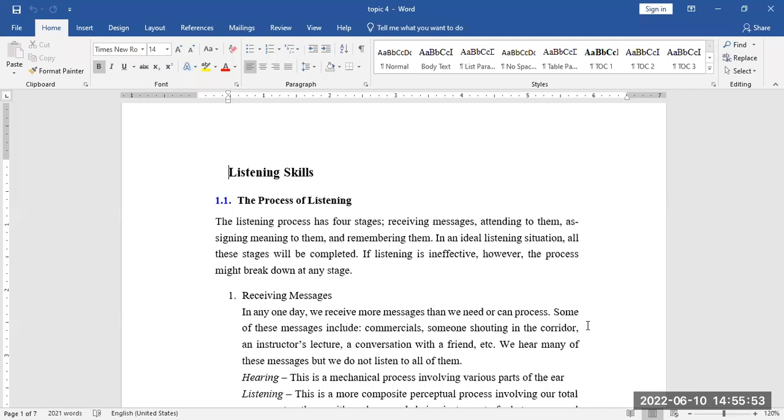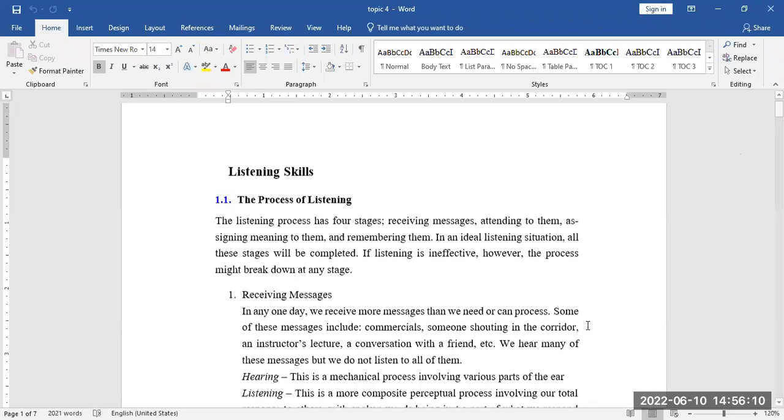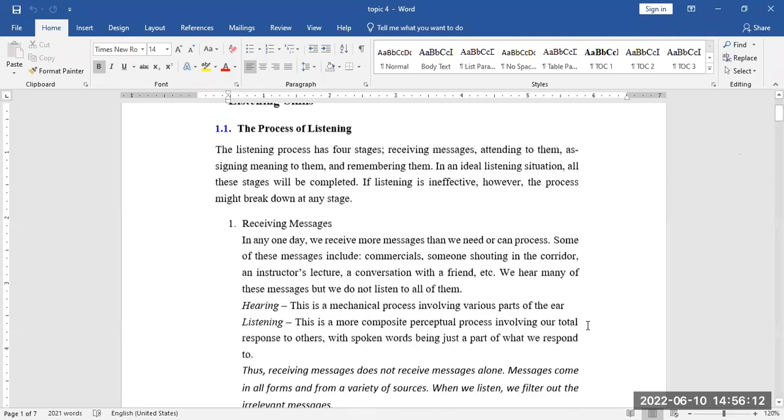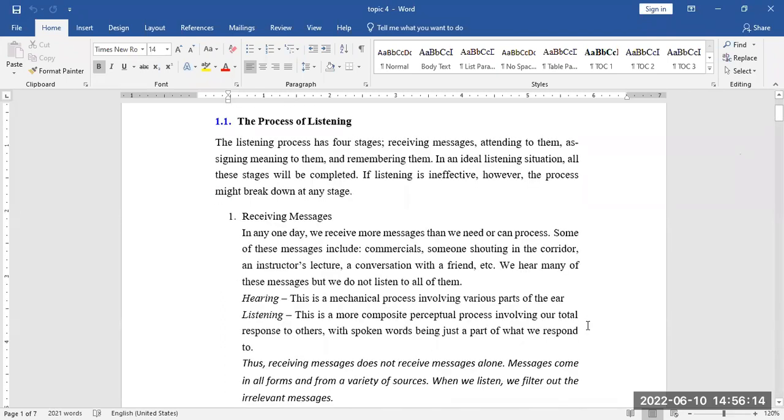So in an ideal listening situation, all these stages will be completed. Those 4 stages that we've just mentioned must be completed. If listening is ineffective, however, the process might break down at any stage. In other words, you cannot jump one stage and go to the next.